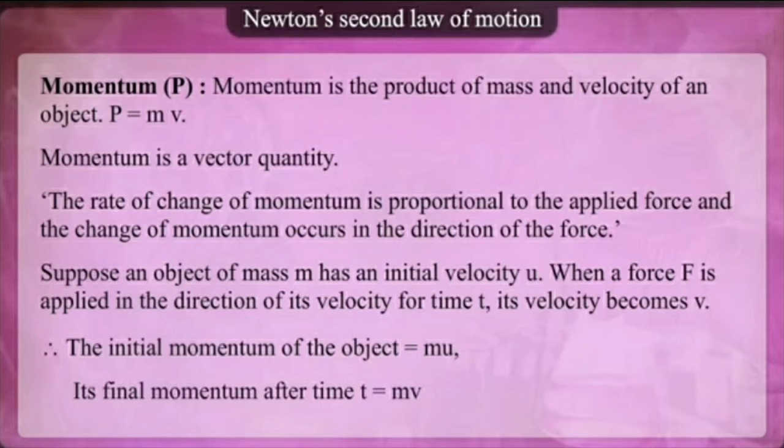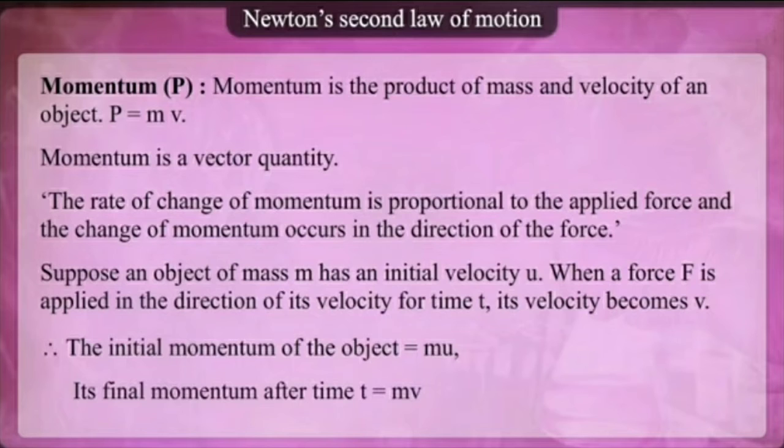Suppose, children, an object of mass m has an initial velocity u. When a force F is applied in the direction of its velocity for time t, its velocity becomes v, that is the final velocity. Therefore, the initial momentum of the object will be what? mu, right? And its final momentum after time t will be mv.